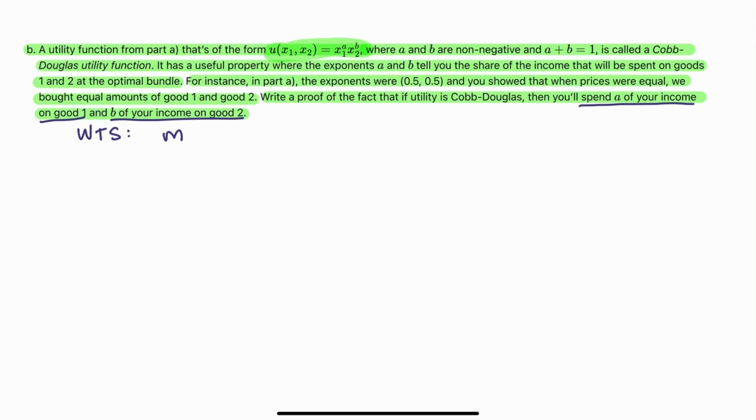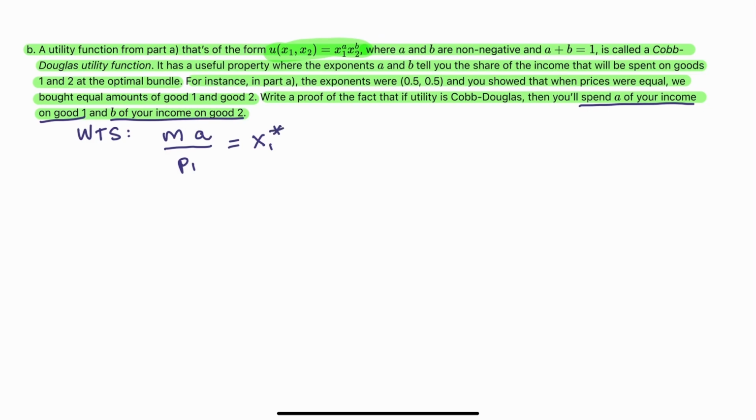And if we spend a of our income on good 1, then m times a will be the expenditure on good 1, and we divide that by P1, that should equal x1 star.